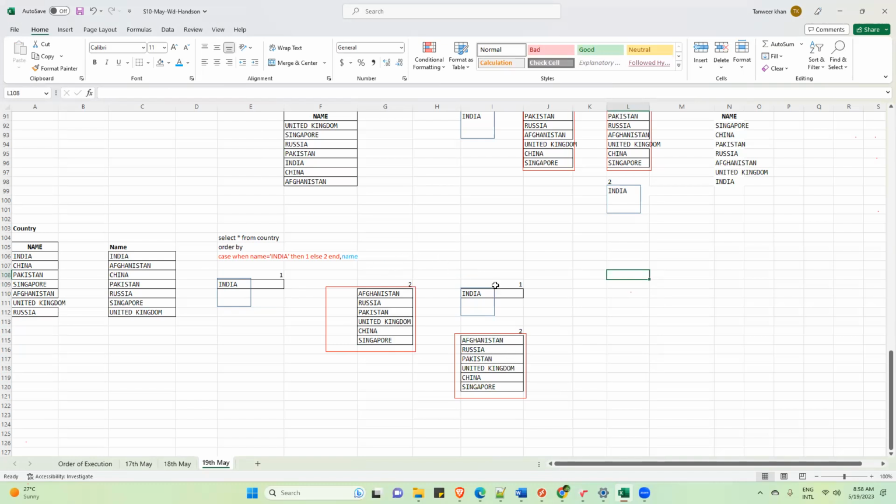So the engine will go within bucket number 1. Here you have only India, so there is no sense of sorting it. It will keep it as it is. Then bucket number 2, this needs to be sorted in ascending order. So within bucket number 2, it will sort the data in ascending order.